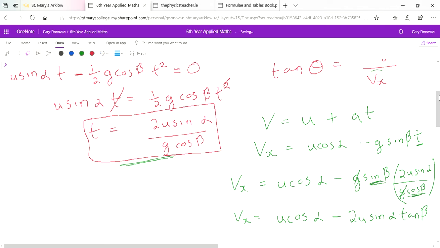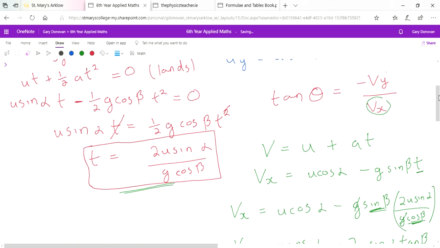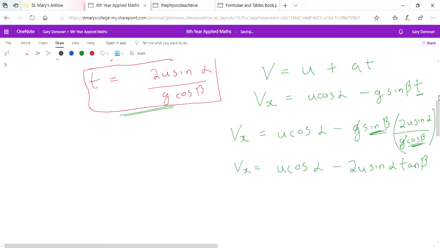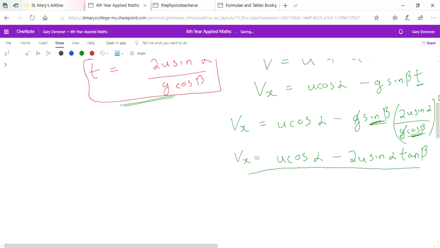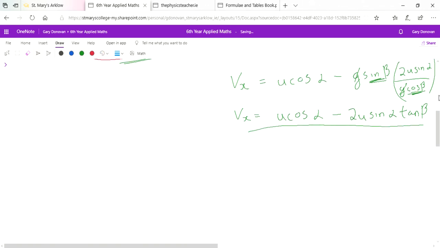So we have our Vx, but we want to get a Vy equation as well. And again, I just do it here first rather than putting it straight in. I think it makes it a bit easier. So Vy, again, is u plus at. U in the y direction is u sine alpha minus g cos beta t. Let's sub in our equation for t as well.